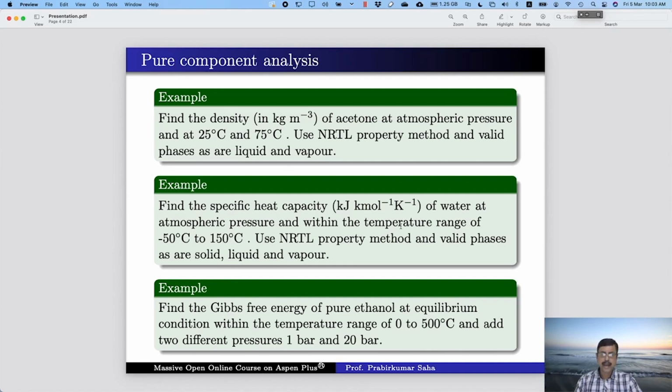So we know at atmospheric pressure, water is solid in ice form from minus 50 degrees centigrade to 0 degrees centigrade, and then from 0 degrees centigrade to 100 degrees centigrade it is liquid water, and above 100 degrees centigrade it is vapor. So all three stages are available. Here also use NRTL property method, and as expected valid phases are solid, liquid and vapor.